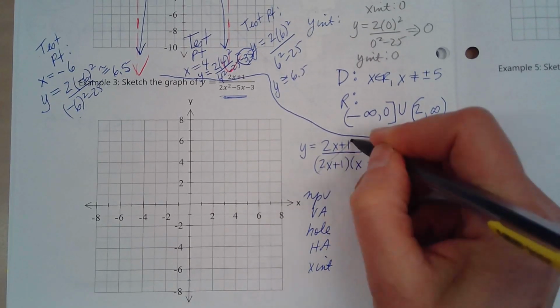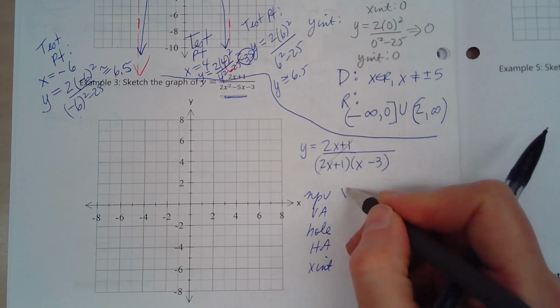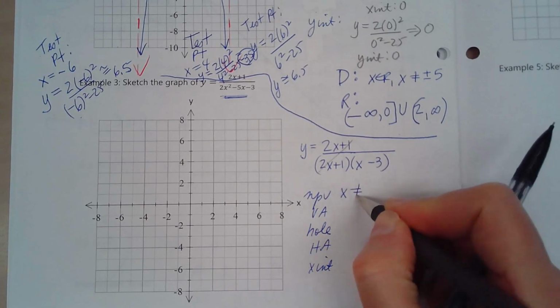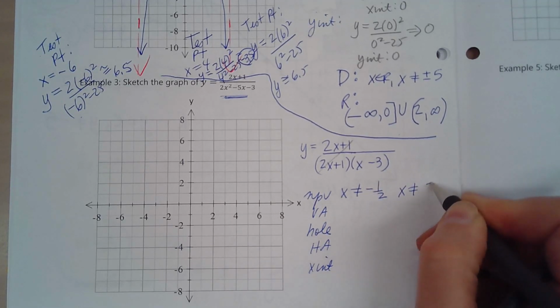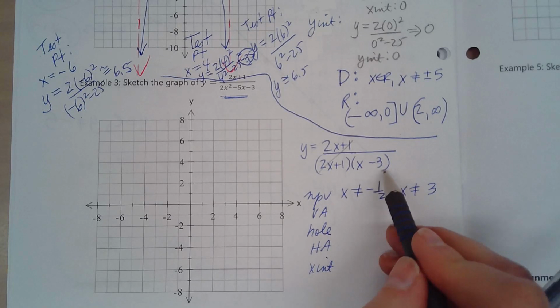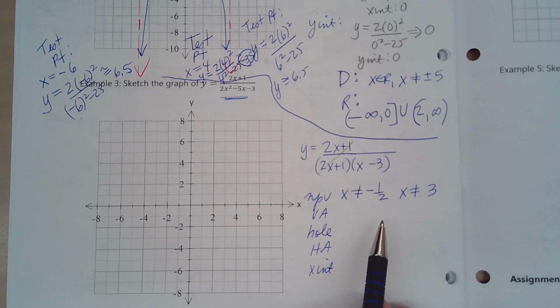Okay, these guys cancel, right? I guess before they cancel, I should say my non-permissible values: x can't equal -1/2, x can't equal 3, right? I'm just setting both of these factors equal to 0 and solving for x.